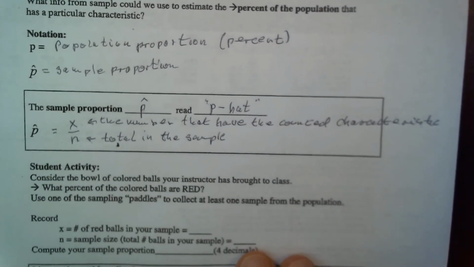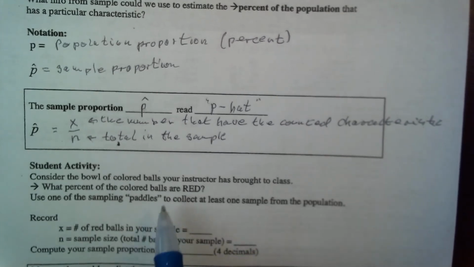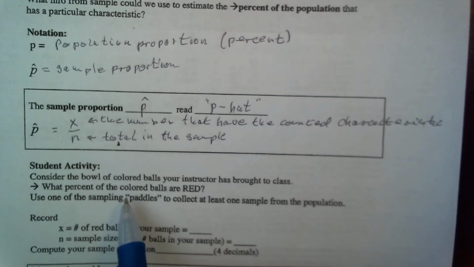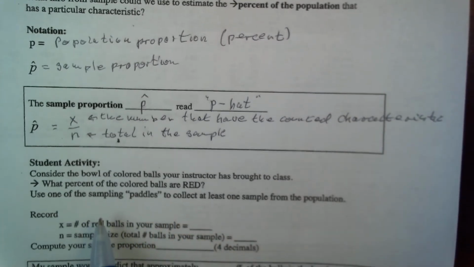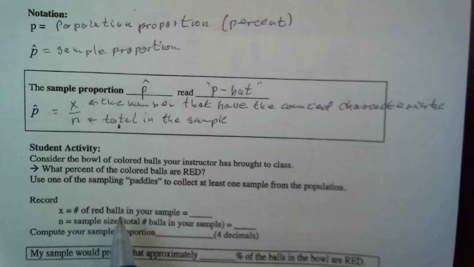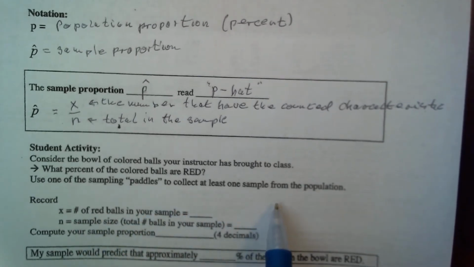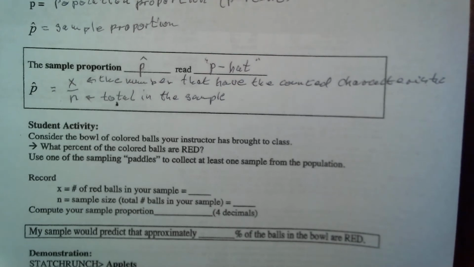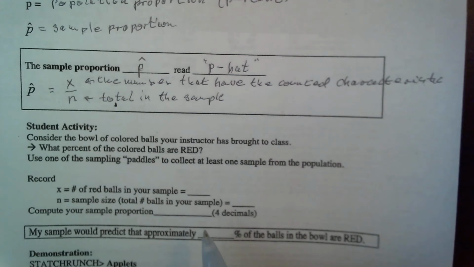So as an example, let's consider a bowl of colored balls your instructor has brought to class. And what percent of the colored balls are red? So we use one sampling paddle to collect at least one sample from the population. So let's say that we take a sample and we count how many balls in the sample.